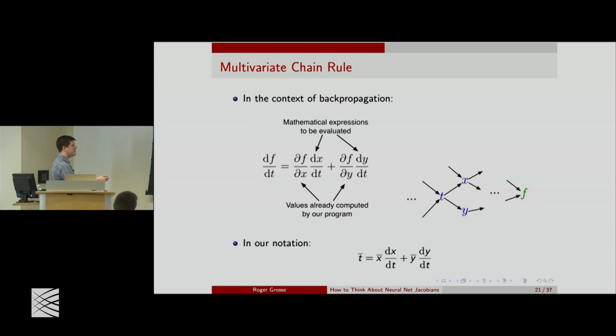And these partial derivatives, dx over dt and dy over dt, are the derivatives of the mathematical expressions used to define that layer of the network. And so I actually like to use a slightly different notation, which uses a variable with a bar over it to denote the derivative of the cost with respect to that variable. And then the partial derivatives indicate partial derivatives of individual mathematical expressions.